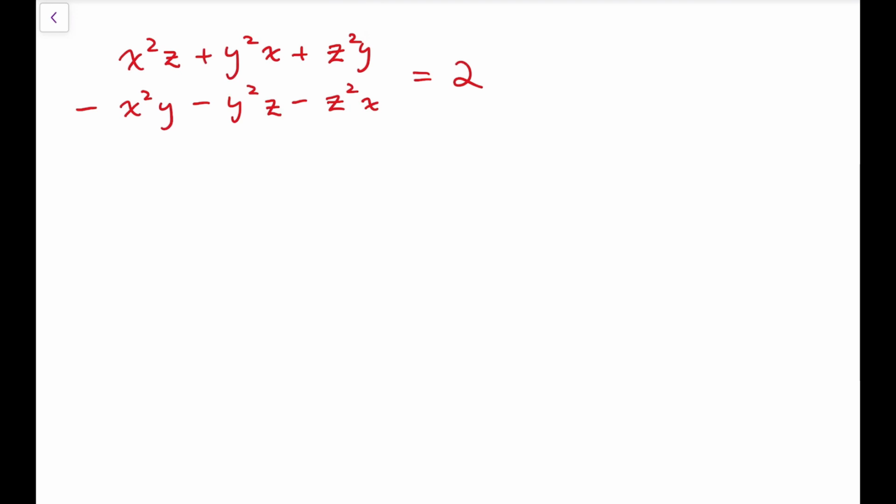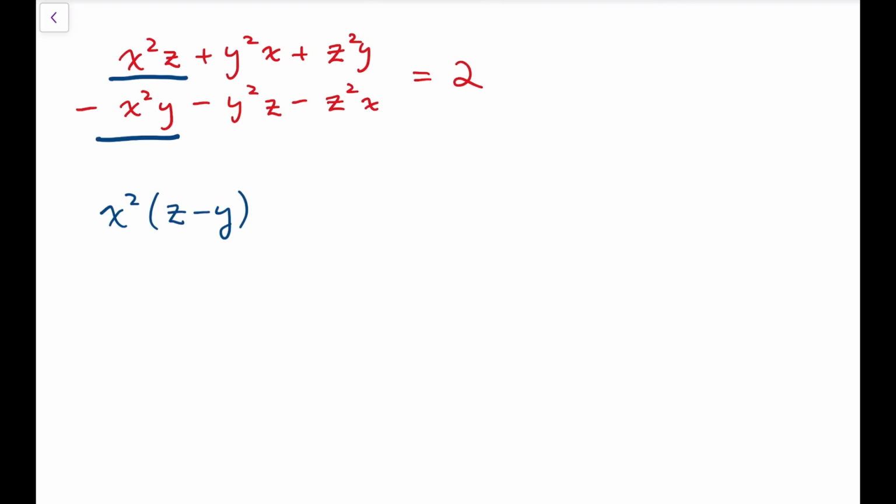Now from this, I might try to factorize. It may not work, but let's try. It's natural to just pick the two terms that contain x squared so that we have some common factor. So these two terms as a group, then we will get x squared times z minus y.